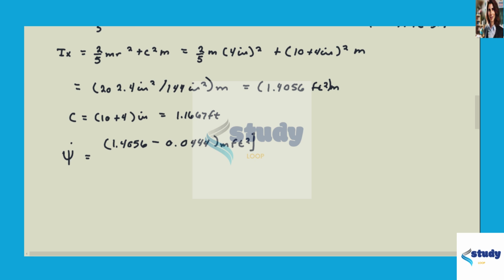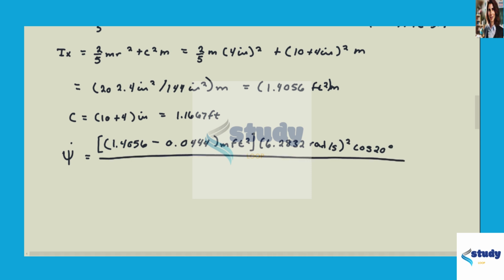And this is times 6.2832 radians per second squared times cosine at 20 degrees, divided by... oops, and we forgot one more step.